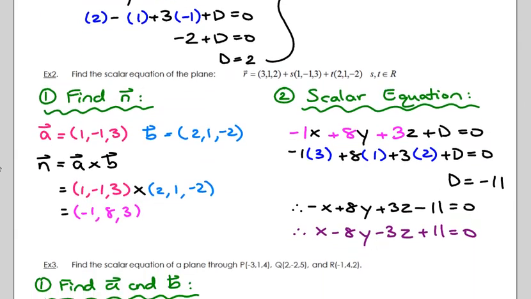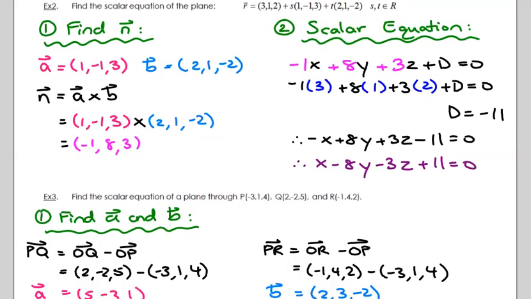Example number 2. Find the scalar equation of the plane, but they've actually just given you the plane. However, inside the plane, I can see a point, and I don't see a normal vector, but I do see 2 direction vectors that I can take advantage of.